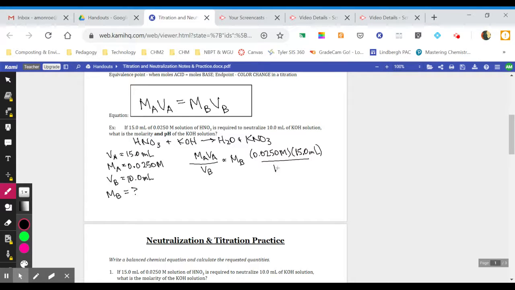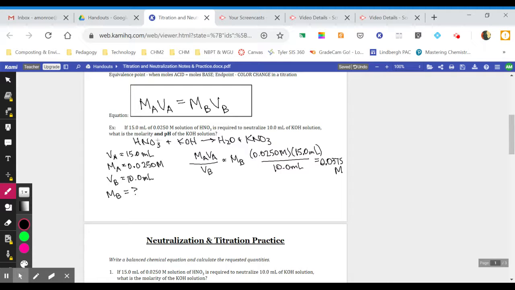Divide by the 10 milliliters. And we end up with 0.0375 molar. I'm running out of space on my page. So this is the molarity that they asked us to find.